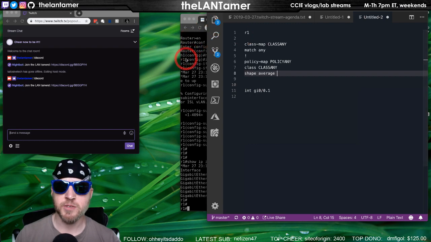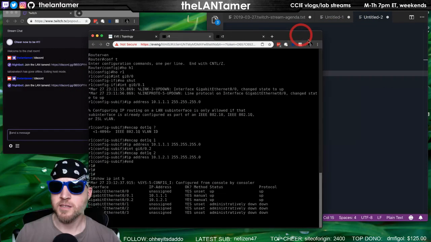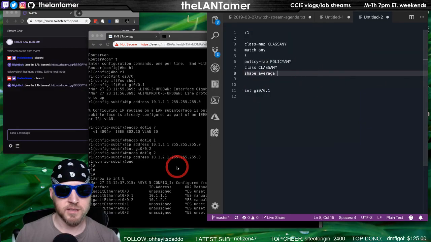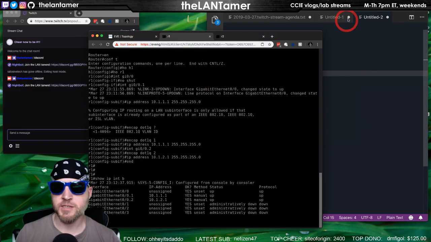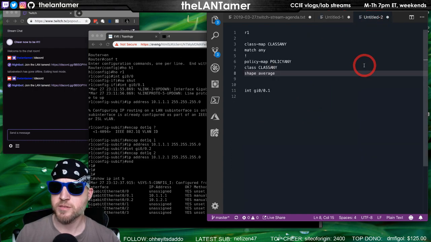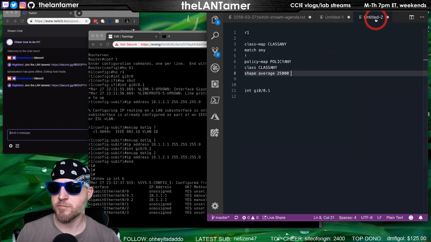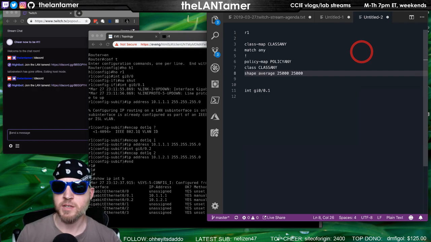In this case, shape average is going to be 25000, and then the burst is the same. And how do I set the TC here? I don't remember.